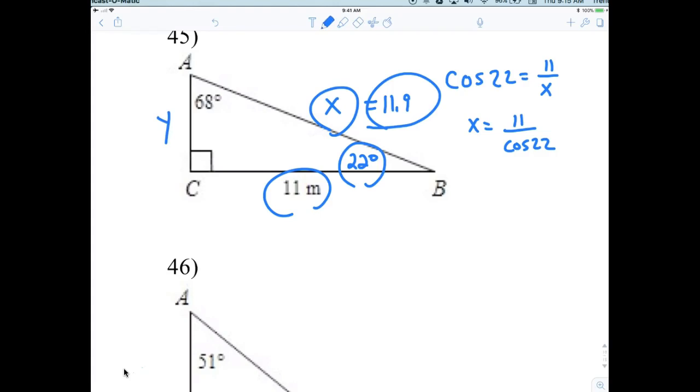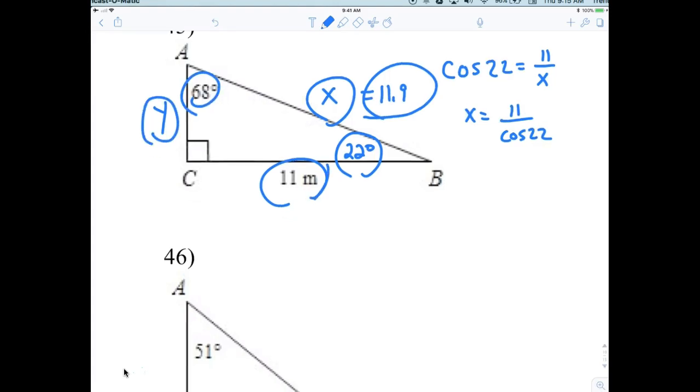I'm trying to show you that it doesn't matter, right? So now I have y, 68, and 11. So in this case, I want to do the tangent of 68 is equal to 11 over y. So y is equal to 11 divided by the tangent of 68. Do that and see what happens.